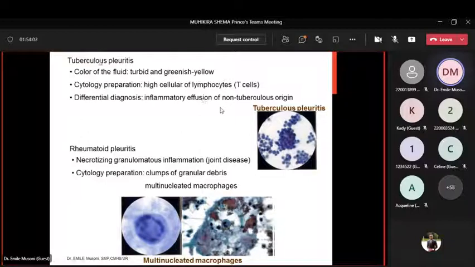You can take a sample, they say 1 milliliter, and then you send it to what we call GeneXpert to exclude tuberculosis. In rheumatoid arthritis, you can find some necrotizing granuloma inflammation, and then the pathologist will describe the morphology of those cells. If they find some macrophages, neutrophils, lymphocytes, they say it is an inflammation.